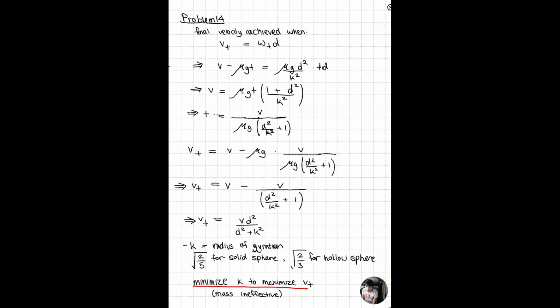This means both solid spheres, even though their masses are different, should be the two balls which will have the higher final velocity, and they should actually be the same, as it has nothing to do with the mass. Therefore, the answers should be balls 2 and 3, thus giving us our solution to the F equals MA 2025, problem 14.